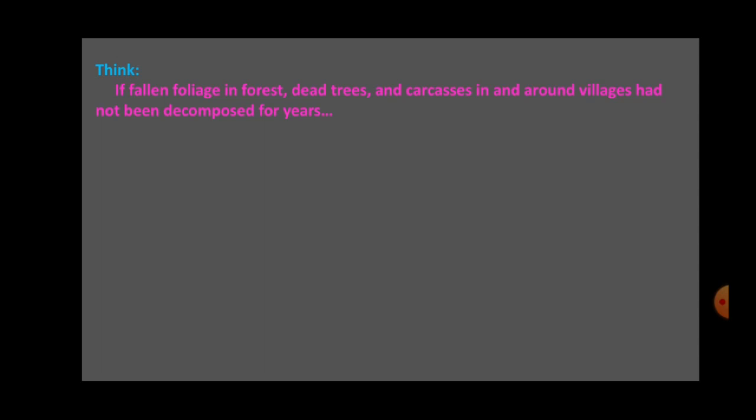Yes, so this is how the cyclic flow of different elements would come to a halt. So only by this decomposition process can all these things be sent back to nature and the surroundings be clean and clear. Hence decomposition is very, very essential.